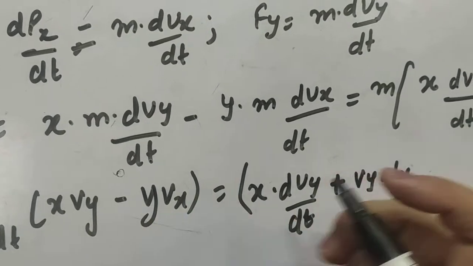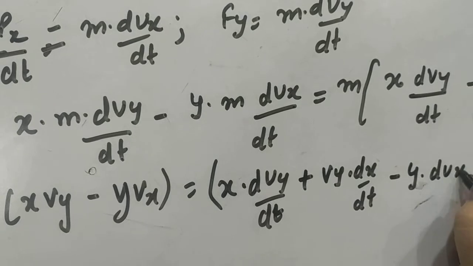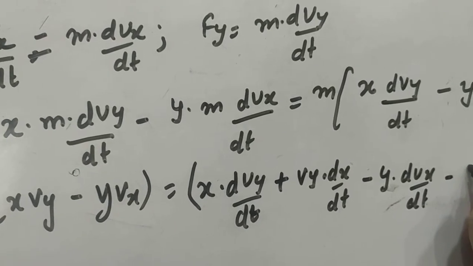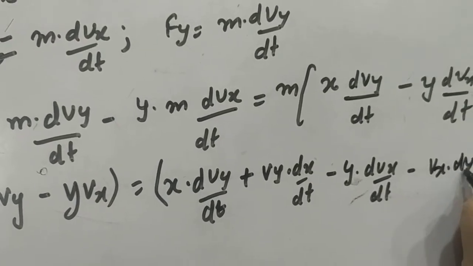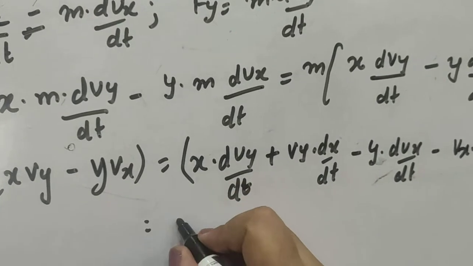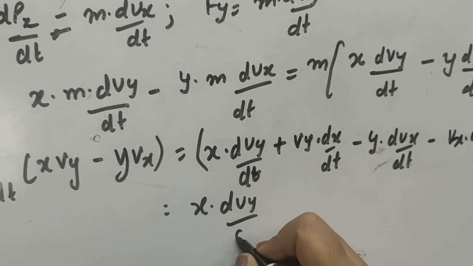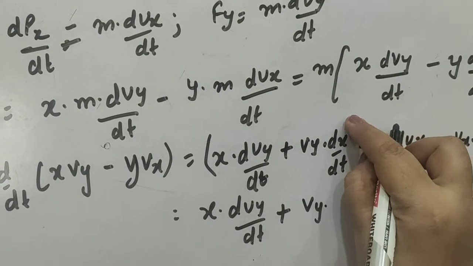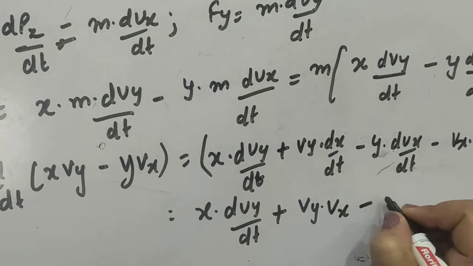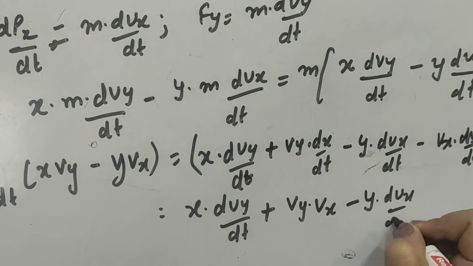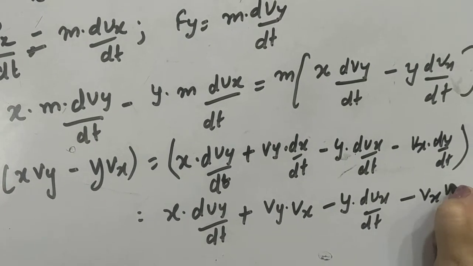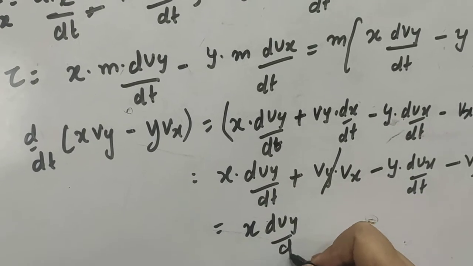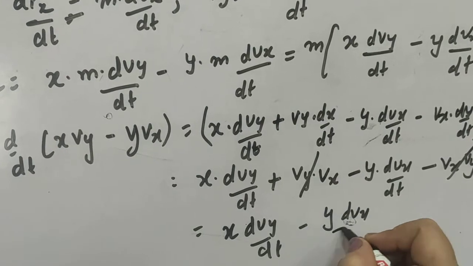Then we differentiate the next term with the negative sign: minus y dvx by dt minus vx into dy by dt. So that comes out to be x dvy by dt plus vy vx, since the rate of change of displacement along the x-axis is vx, minus y dvx by dt minus vx vy. The vxvy terms cancel out, and we are left with x dvy by dt minus y dvx by dt.